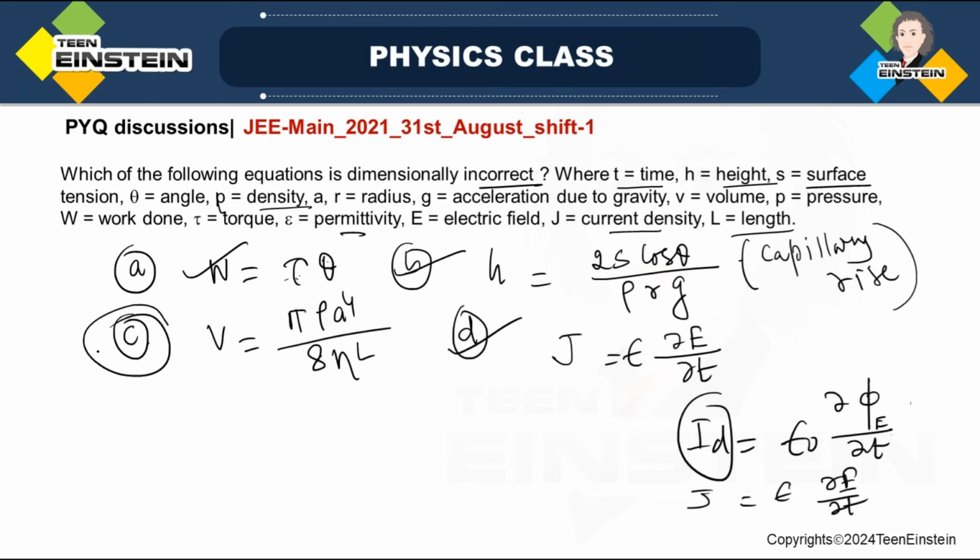Okay, dimensionally incorrect it is said. So dimensionally incorrect will be which one? The first option itself.